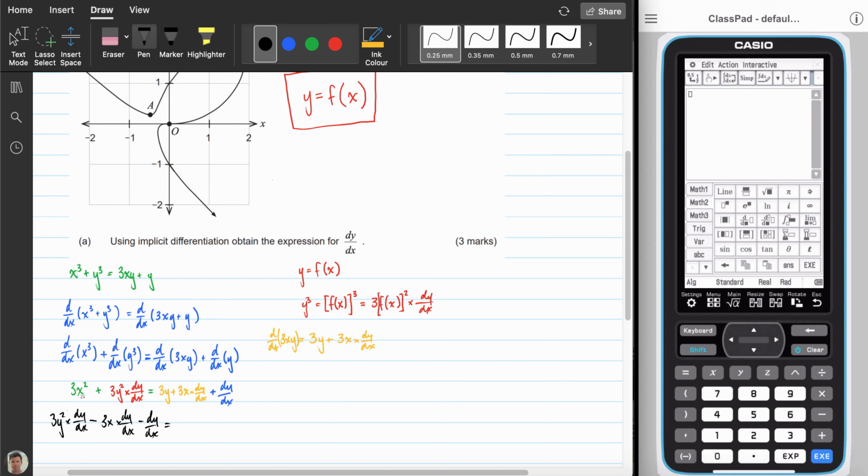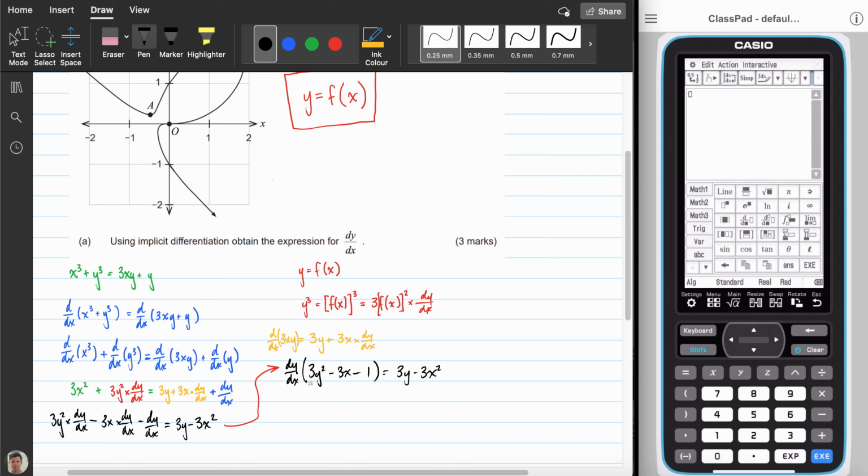Now this is going to be equal to, I'm going to bring that 3x squared to the other side, and I'm going to have simply 3y minus 3x squared. From here, guys, I'm going to factorize the left-hand side by dy dx. And then I'm going to be left with 3y squared minus 3x minus 1, which is going to be equal to 3y minus 3x squared.